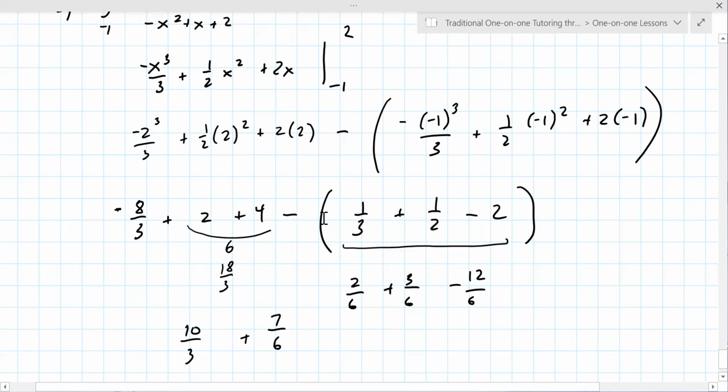But then don't you distribute the negative? I was holding off on that. I was figuring this out and then distributing it. So this is minus 1 cubed, that's minus 1, then a negative makes it plus 1/3. Then this is plus 1 1/2, this is minus 2. So we combine all these: 2/6, 3/6, 5 minus. Yeah, there's some sort of sign error here. Okay. I apologize. That's okay.